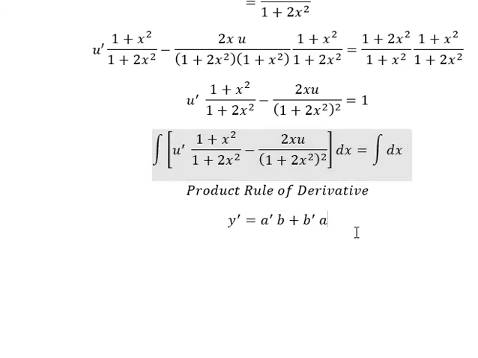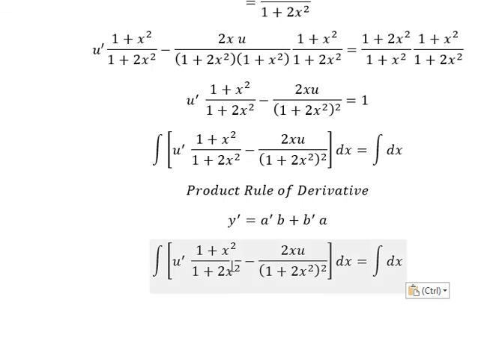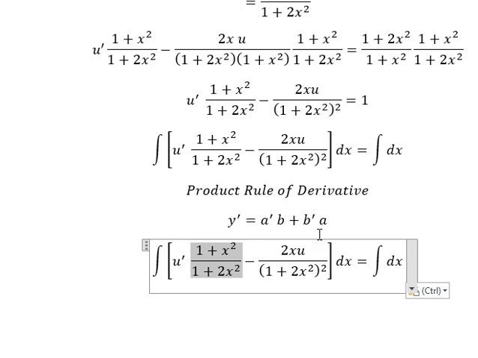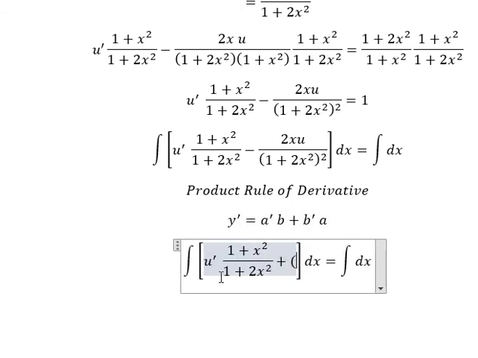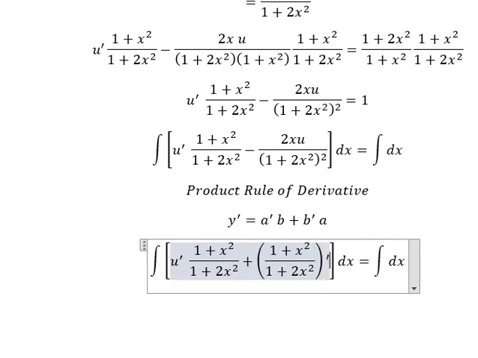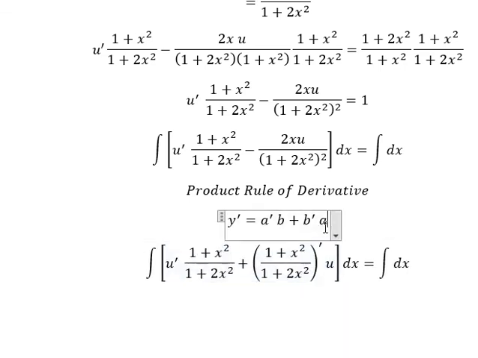So if we look carefully about this one, we have first derivative of a multiplied by b, and we have first derivative of b multiplied by a. So the integration of this one, we have y equals to ab.